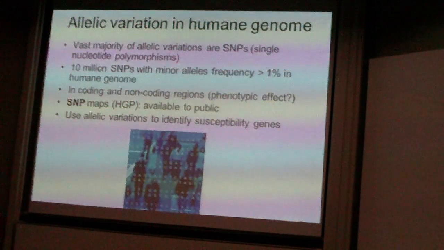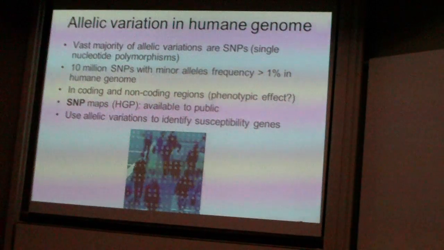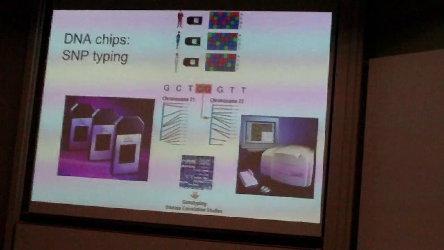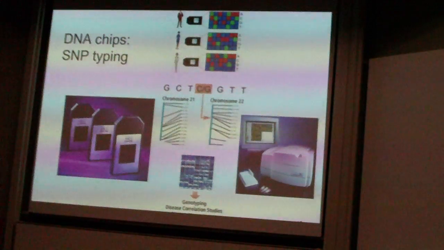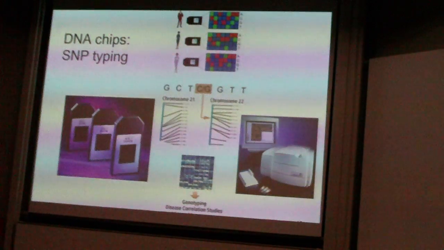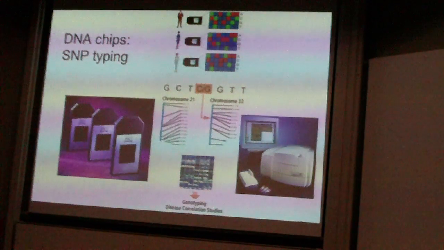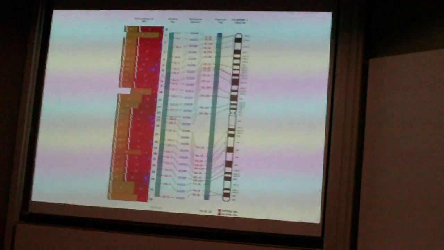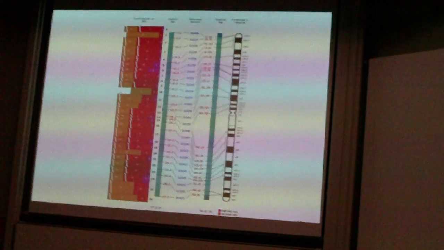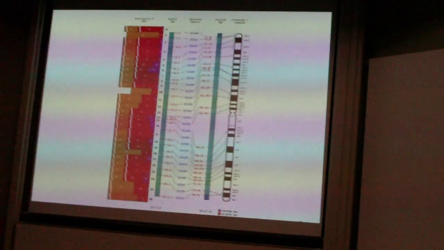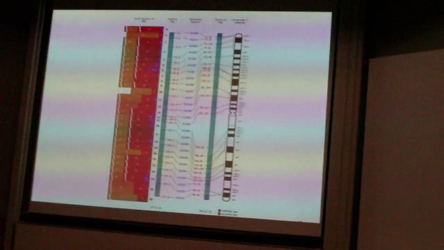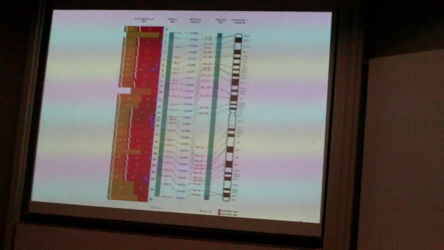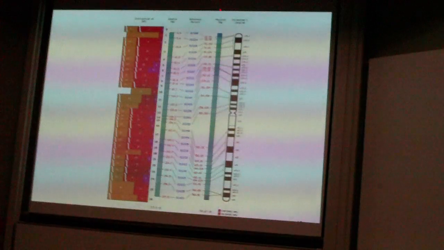And today we have maps of the whole genome with all the SNPs in the different locations. And you also have the technologies to look at the SNPs. We can do that with DNA chips, as you probably know. You can analyze the genotype of many different SNPs in different individuals. And again, you have these beautiful maps of different chromosomes, which are extended every year, and where you can see the genetic map of this chromosome and the physical map.